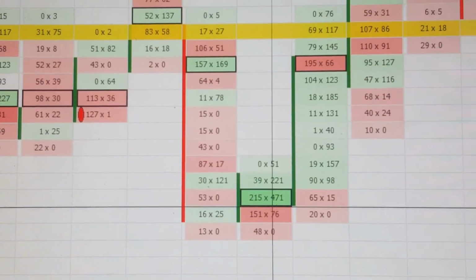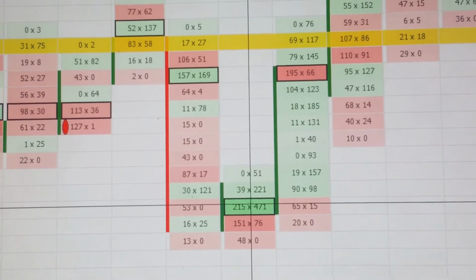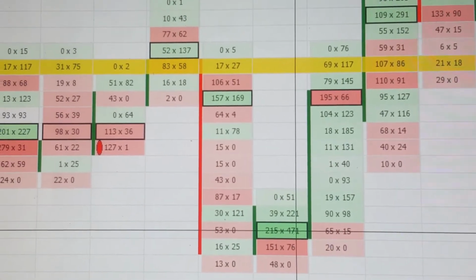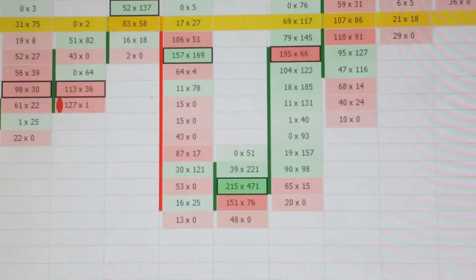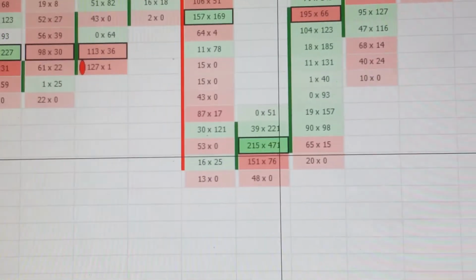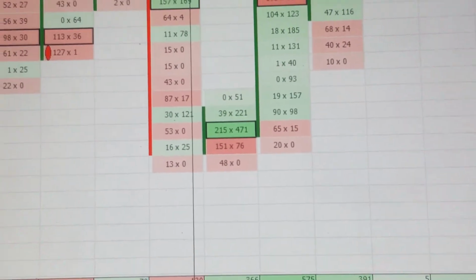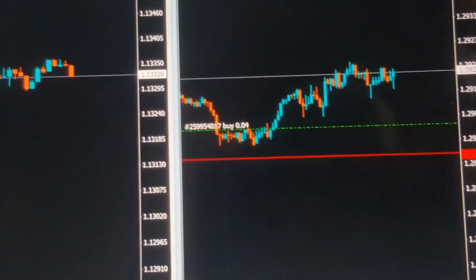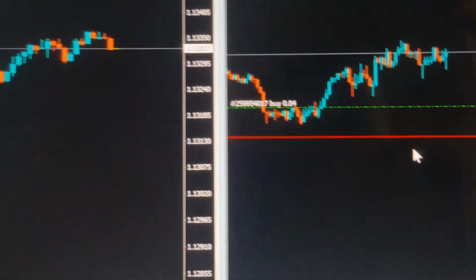And I showed you this nice little doji right here that had plenty of buying in it, and you can see 471 contracts long. And for this reason, it was very easy for me to pick my long trade right here. Of course, this is a different time frame.